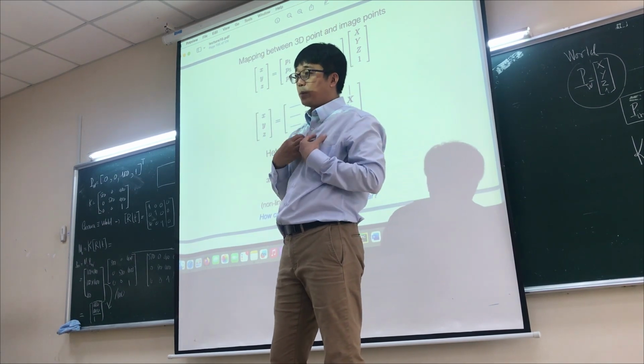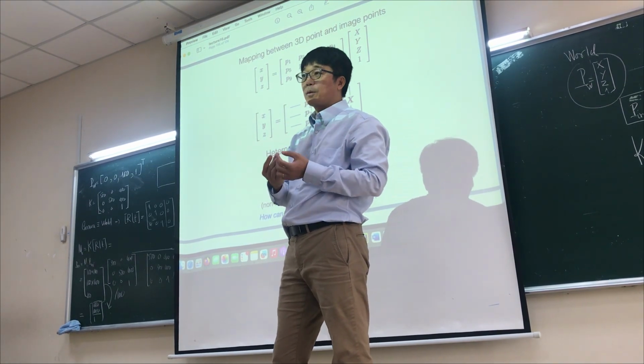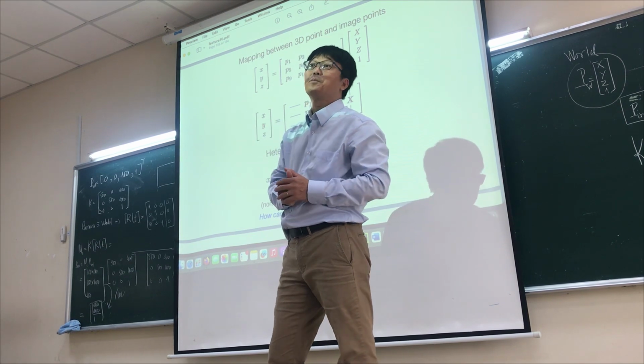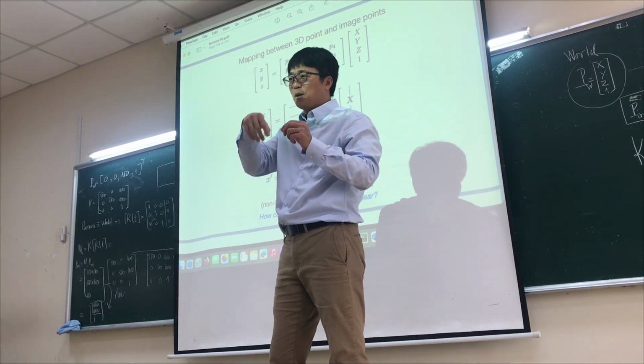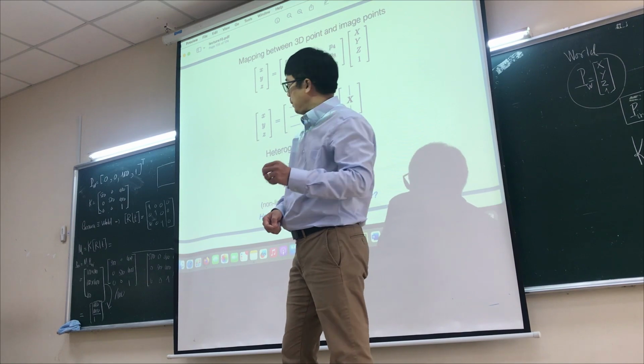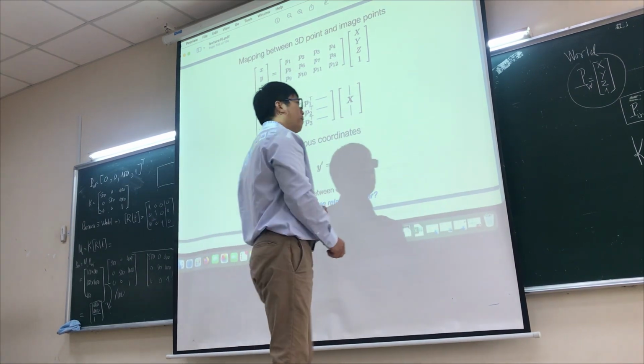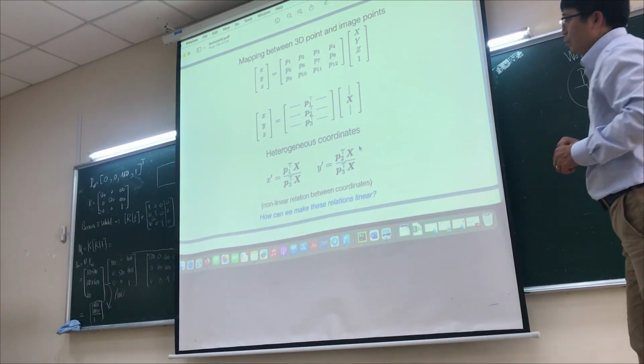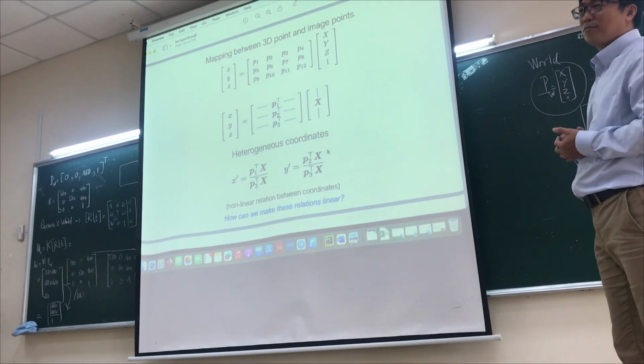According to my knowledge, our notation is the column vector. It means that you have to write it like this. But what happens if you write it like this?